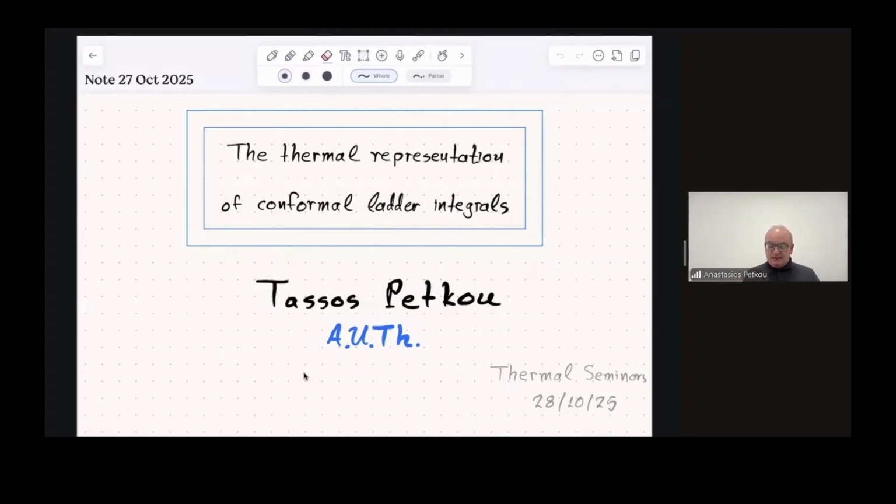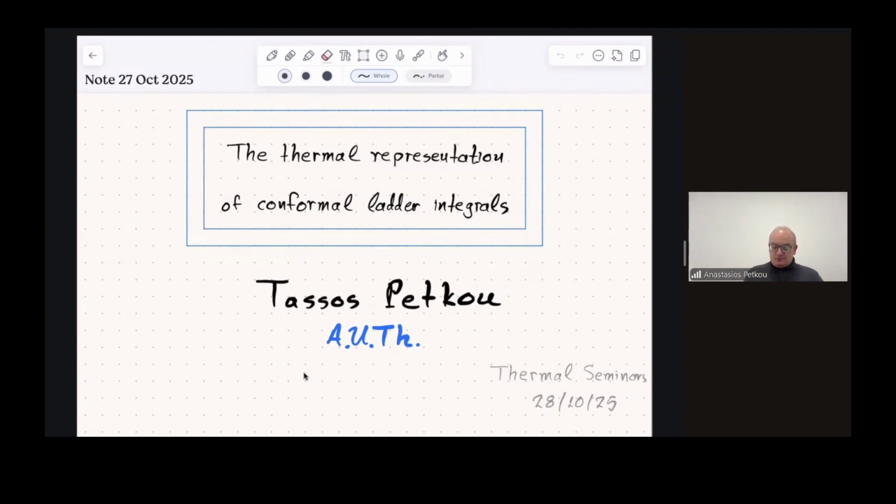So it will be a little bit technical with some notation that I would like to explain. Hopefully at the end I would be able to ask a few interesting conceptual questions that arise from this observation.